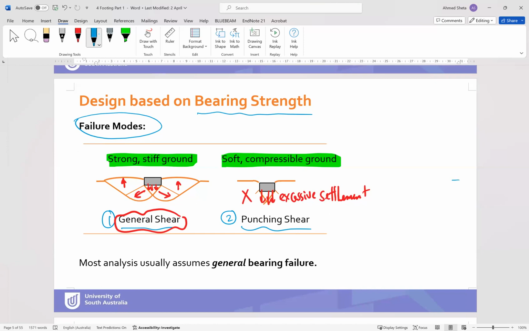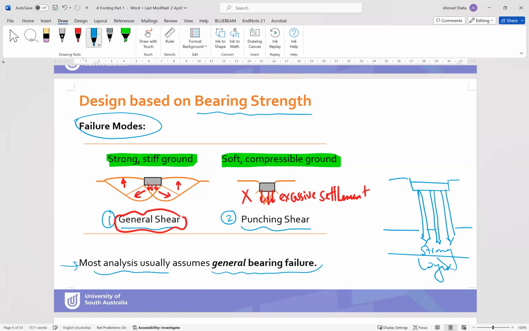In this case, we might need to use a deep footing or pile to transfer the load to a strong layer of soil. Most analysis usually assumes general bearing failure, the first one. This is a special case, not the common case. So the analysis assumes the general bearing failure, otherwise we will need to use another design technique.